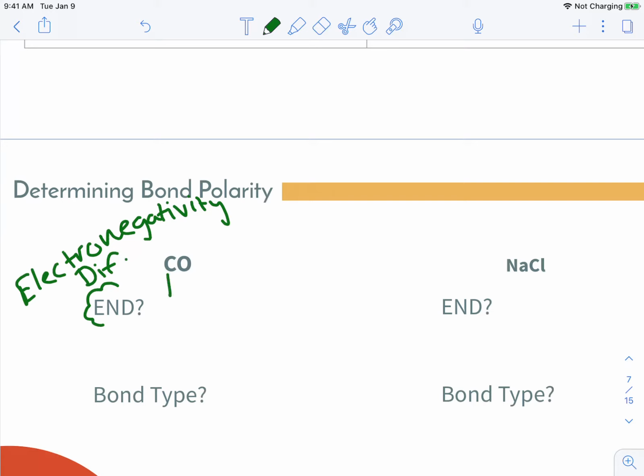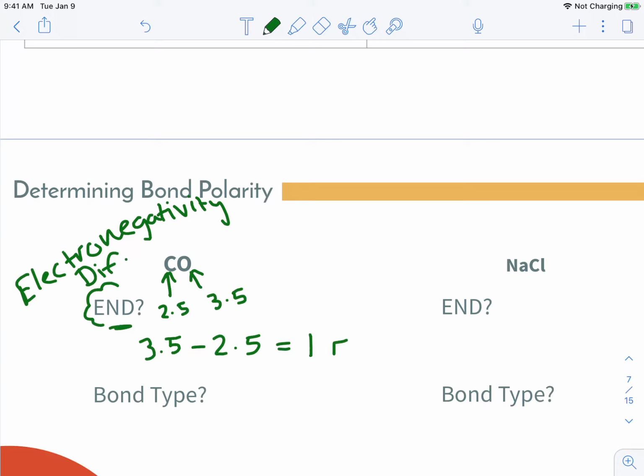So what I need is, I need to look at the bottom right corner of carbon and the bottom right corner of oxygen to see their electronegativity. Carbon has a 2.5 and oxygen has a 3.5. So to find the difference, I do 3.5 minus 2.5 and I get a 1.